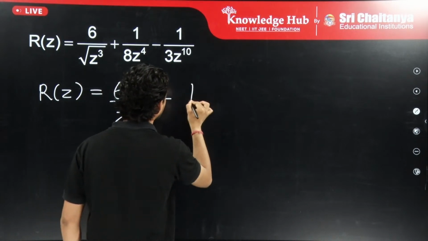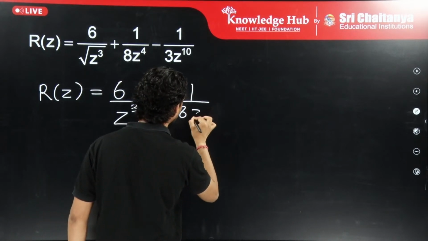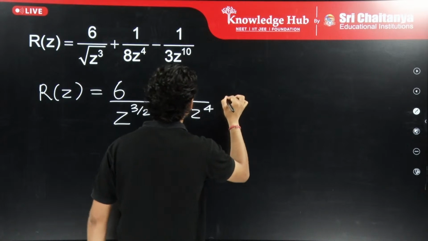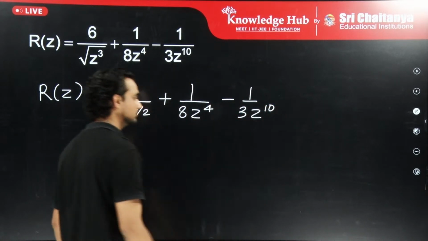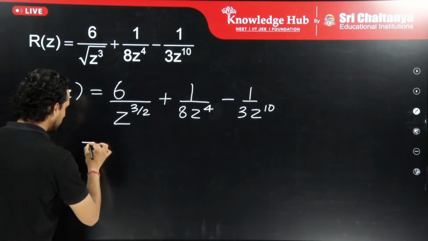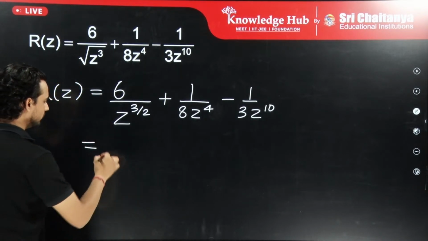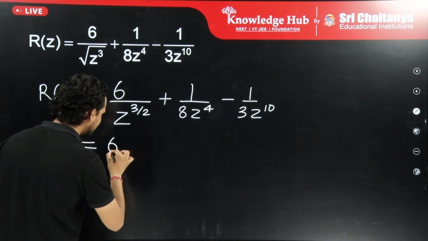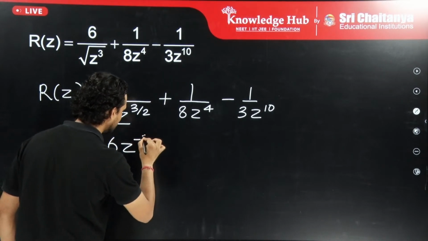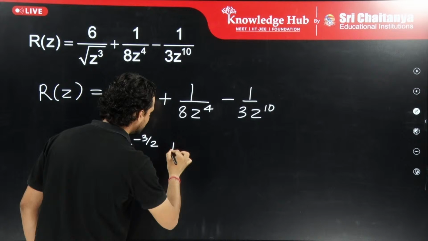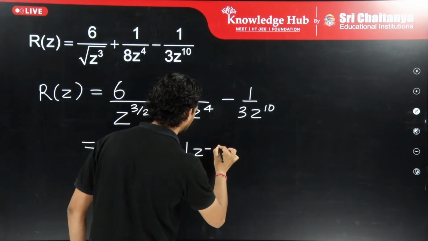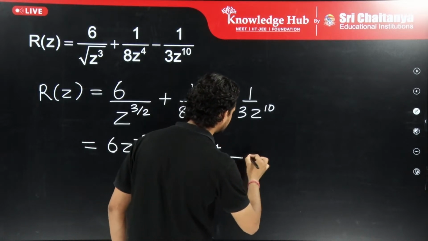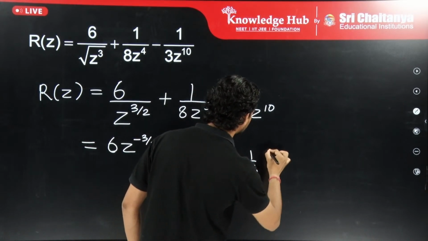Similarly, I can write here 1 upon 8 into z raised to 4 and minus 1 upon 3 z raised to 10. Right? So now I will take 6 into z raised to minus 3 by 2 plus 1 by 8 into z raised to minus 4 and minus 1 by 3 into z raised to 10.